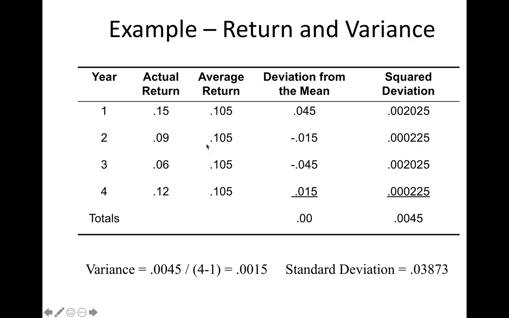We do that for each of the periods, and once we sum up, we have 0.0045. Now we divide by 4, or in this case, looking at degrees of freedom, 4 less 1, and then we have this value. Once we take the square root of the variance, it gives us the standard deviation of what?